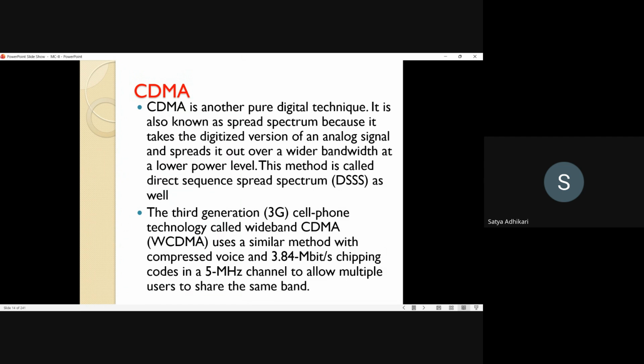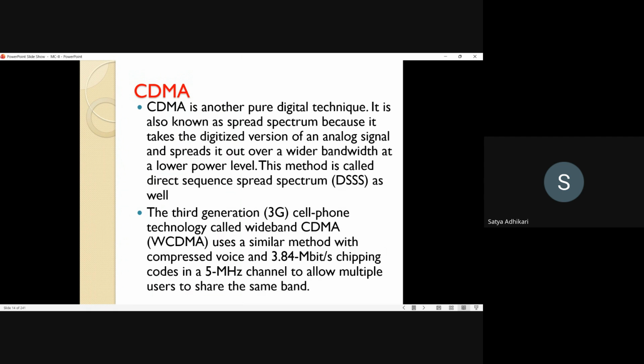The third generation, 3G cell phone technology, is called CDMA based or wideband CDMA. WCDMA uses a similar method, using compressed voice and 3.84 megabit chipping codes in a 5 megahertz channel to allow multiple users to share the same band.